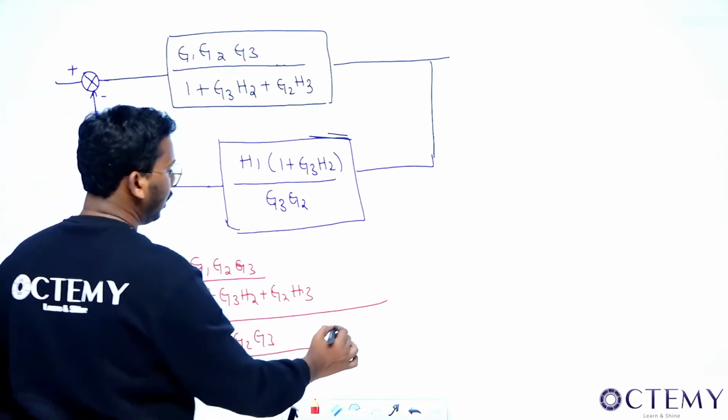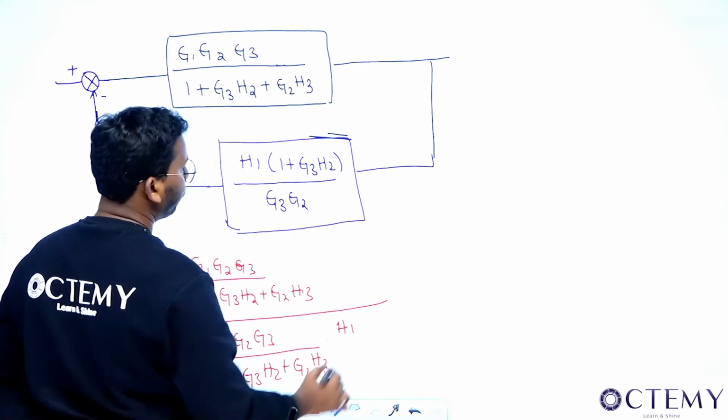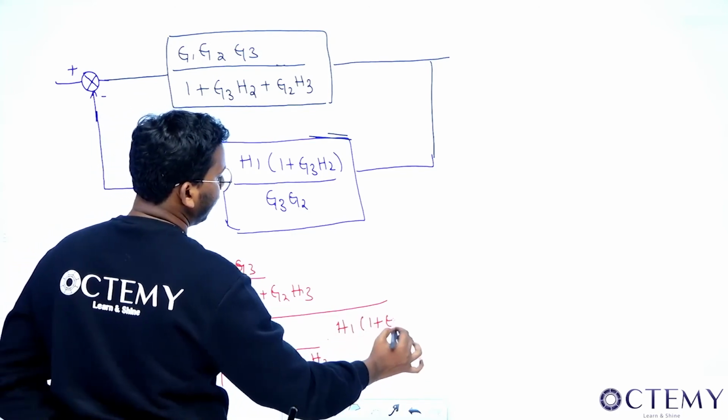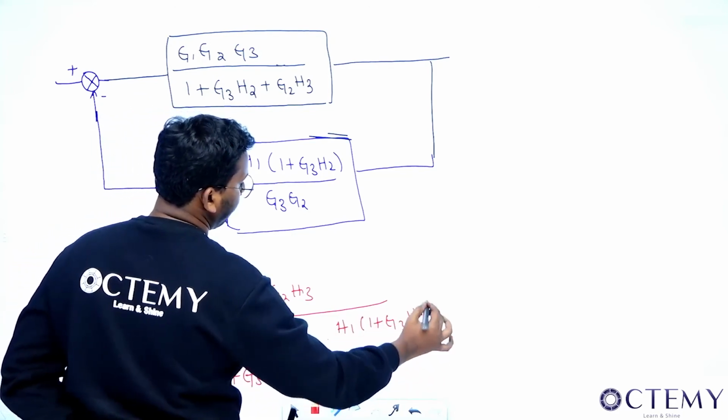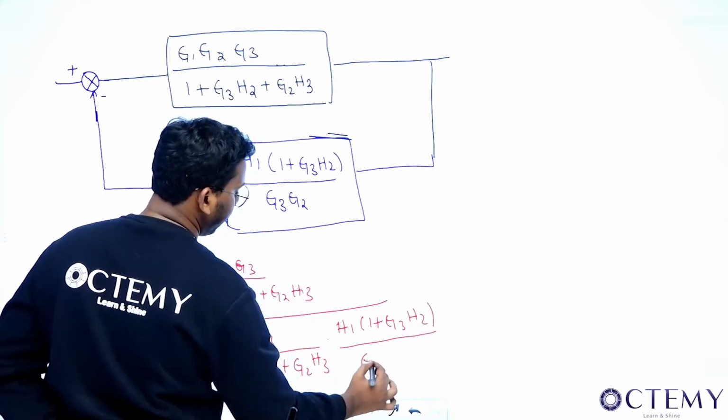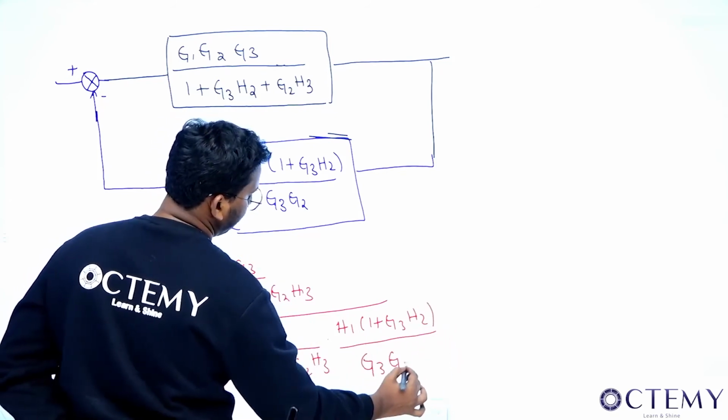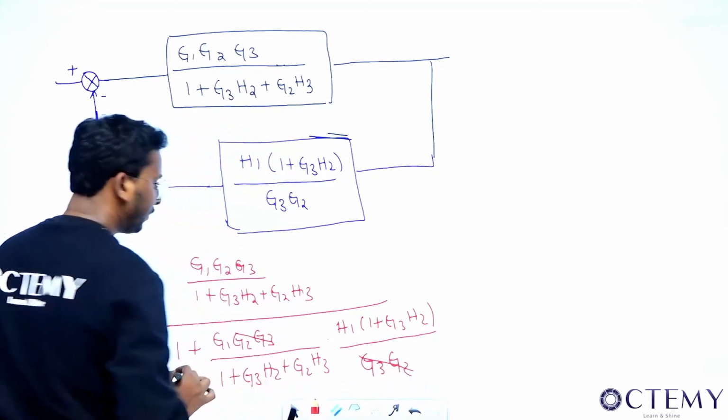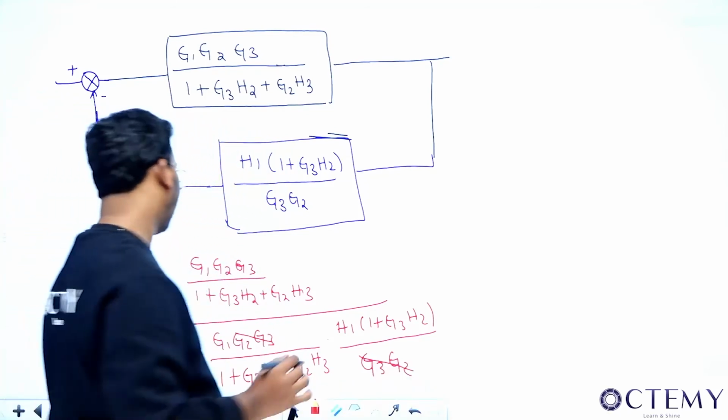So that will become what? H1 into 1 plus G3H2 whole divided by G3, G2, right? So this is getting cancelled, right? Now you take LCM and you will get the answers.